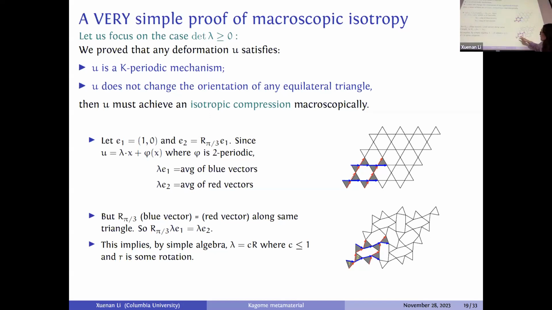So here is a mechanism. The triangles are still going to remain equilateral triangles. So for each triangle here, the red vector is going to be a 60 degree rotation of the blue vector, right? So if you sum over all the blue ones here, and you sum over all the red ones here, it's going to be a 60 degree rotation.